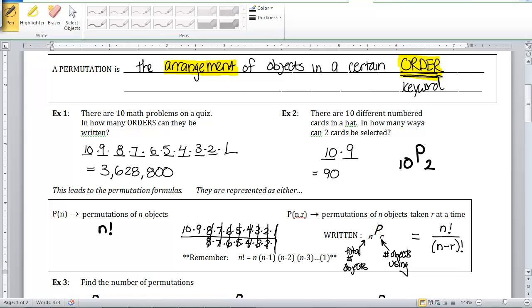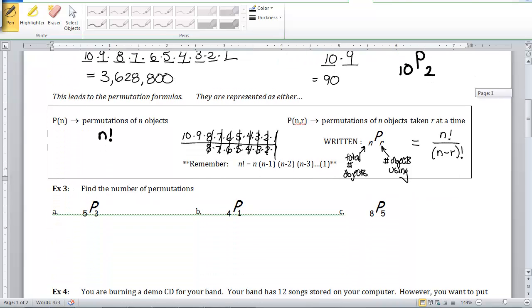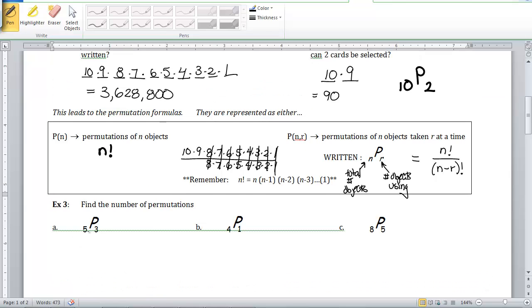Let's now take a moment and learn how to calculate these permutations by hand. In example A, I have 5 objects and I only want to use 3 of them. Again, I could do the basic counting principle, 5 times 4 times 3, and that's going to give me 60.